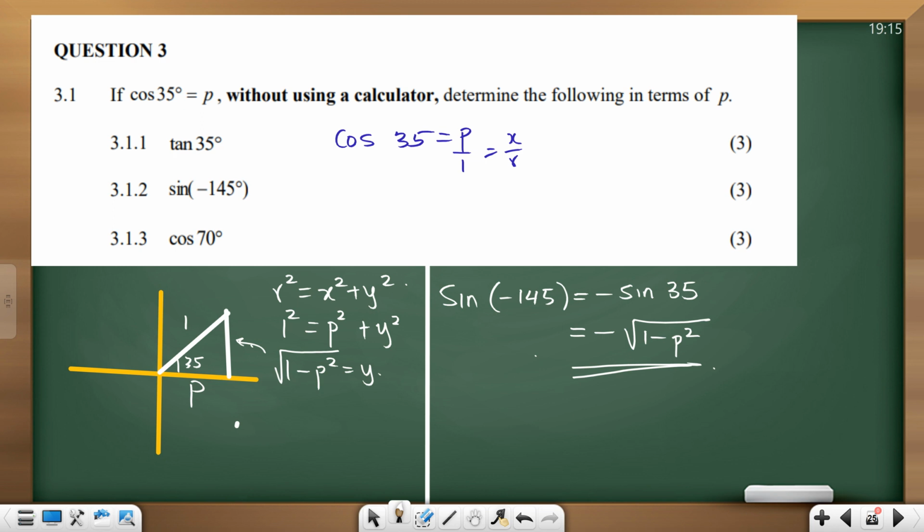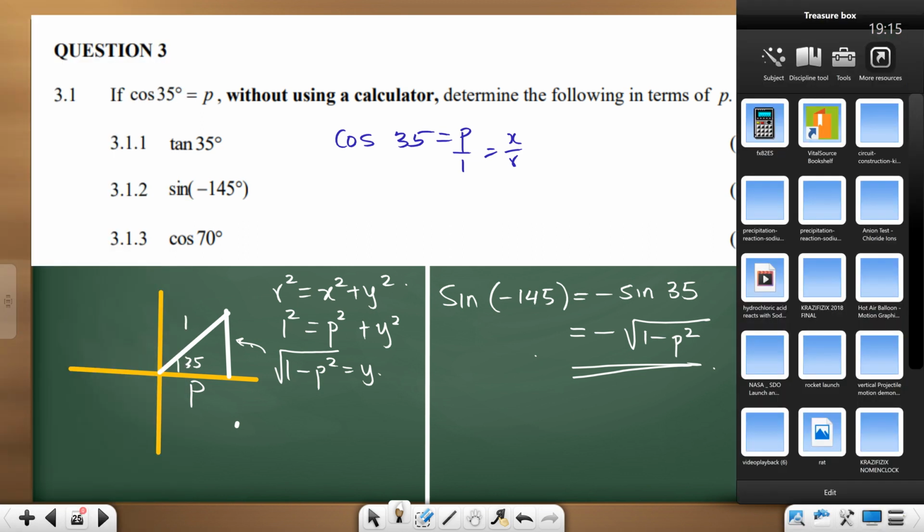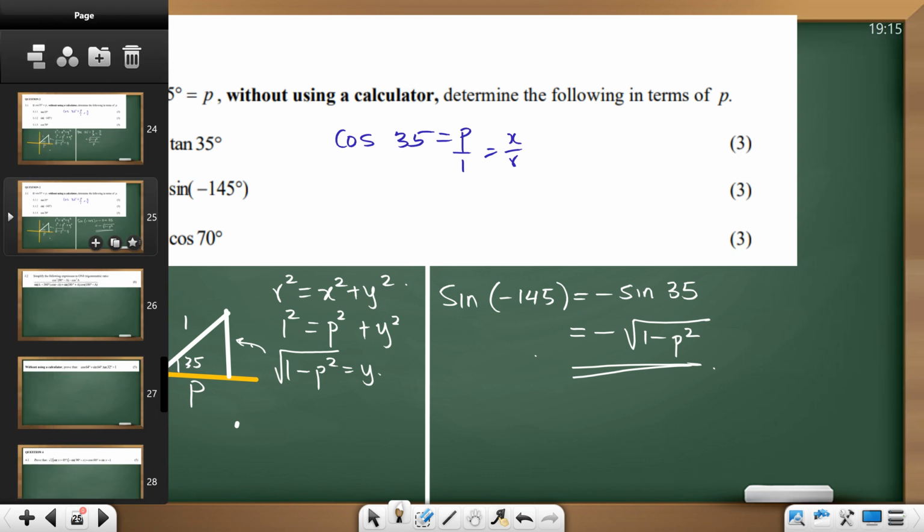Cos 70. It's a double angle. No, it's not cos 35 plus cos 35. If you say cos 35 plus cos 35, that is 2 cos 35. It's a double angle.